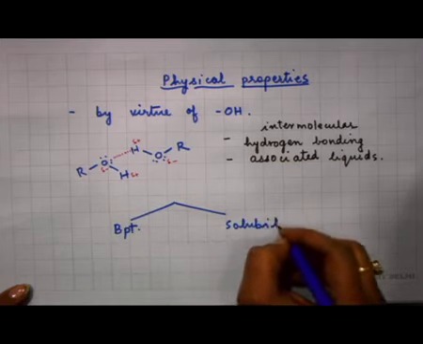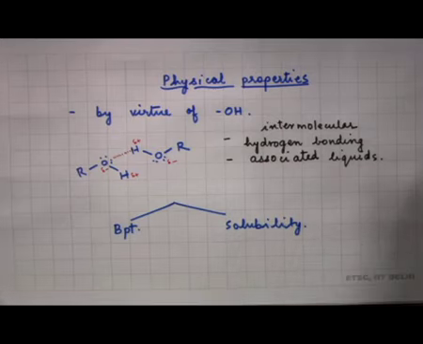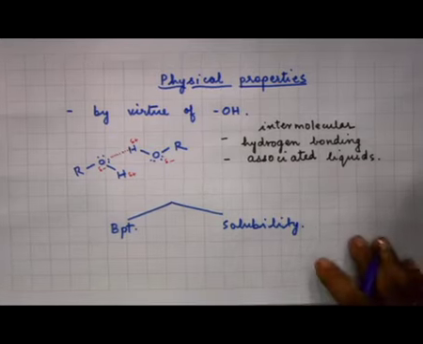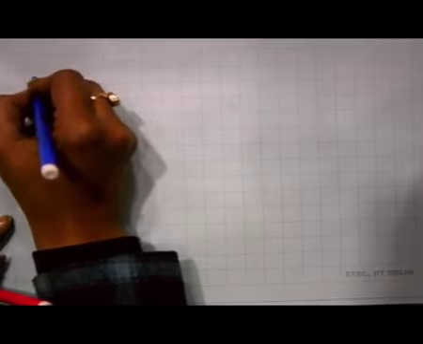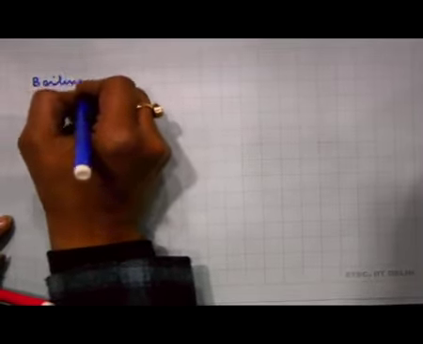So, the solubility and the boiling point show distinction compared to the corresponding hydrocarbon because of the possible hydrogen bonding in these molecules. So, let us look at the boiling point scenario. What happens to the boiling point of alcohols?